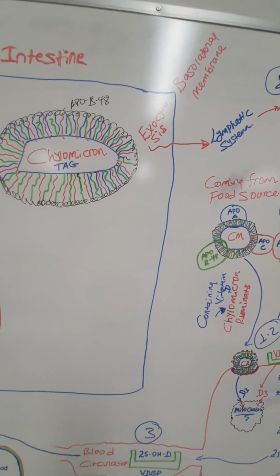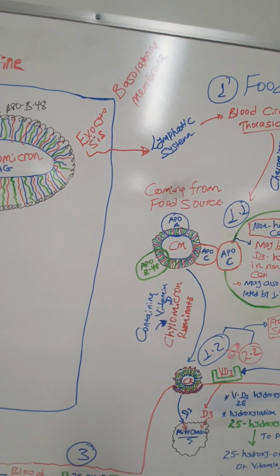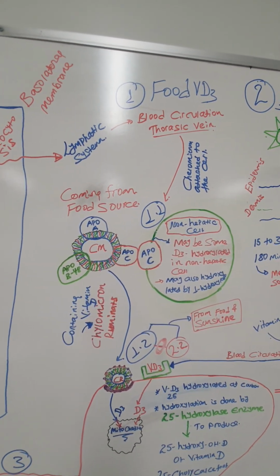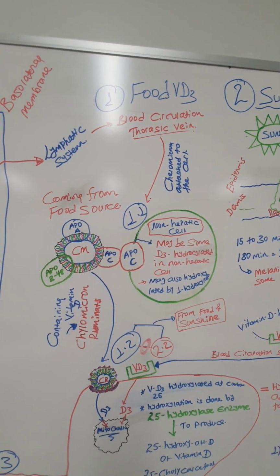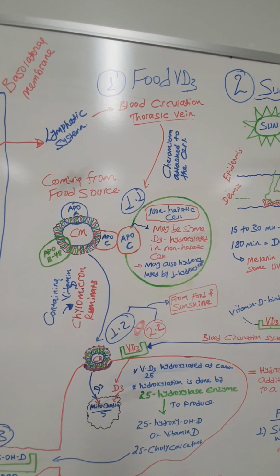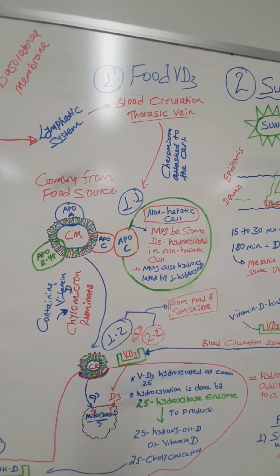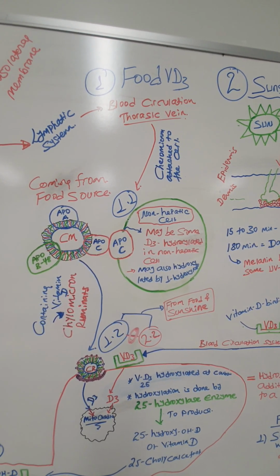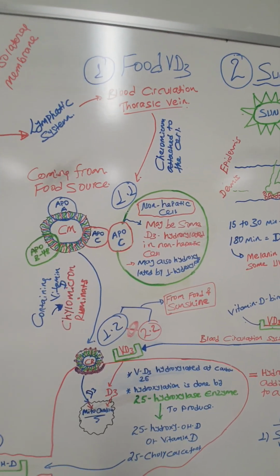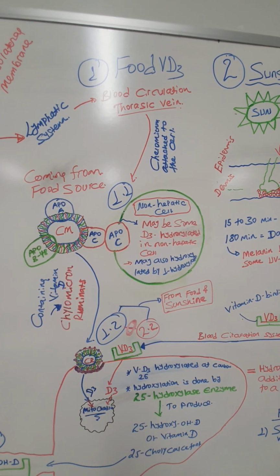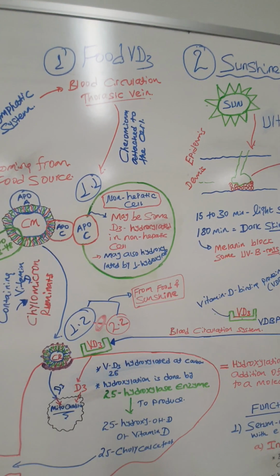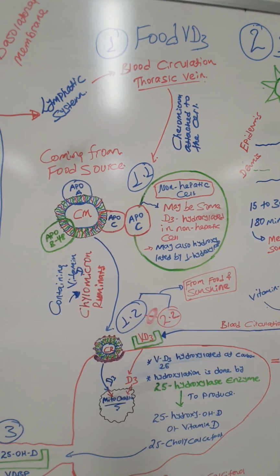In the lymphatics, they will travel to the thoracic vein, a vein found on the left side of the neck, and through this lymphatic system and thoracic vein, they will join the blood circulation. After they join the blood circulation, these chylomicrons will be distributed throughout the body and reach the target cells for further digestion and degradation.